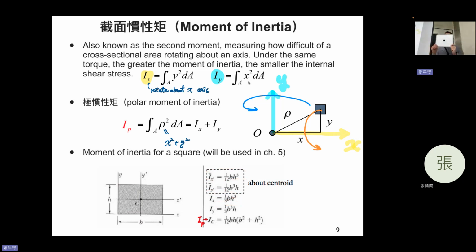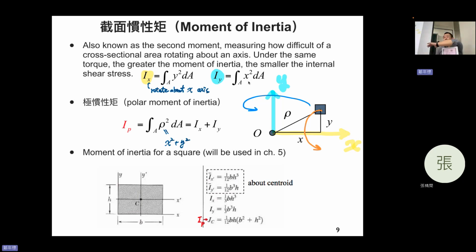This is the cross section, rectangular, right? And now I'm going to rotate about an axis. Say the X-axis, I want it to rotate about my hand, my arm. Don't you think it's a little bit difficult?